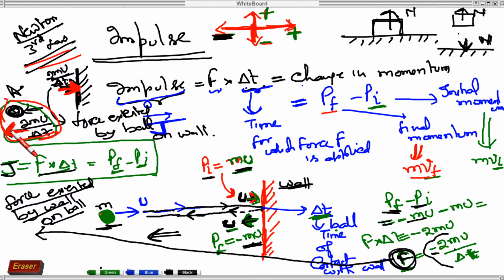Ball will experience in this direction, and the wall will experience in this direction. Why did we get it here? Because we got the minus sign, and the minus sign is an indication of that. So with the help of this impulse definition, we are able to find the force exerted by the ball on the wall and the wall on the ball. So both things we got here.